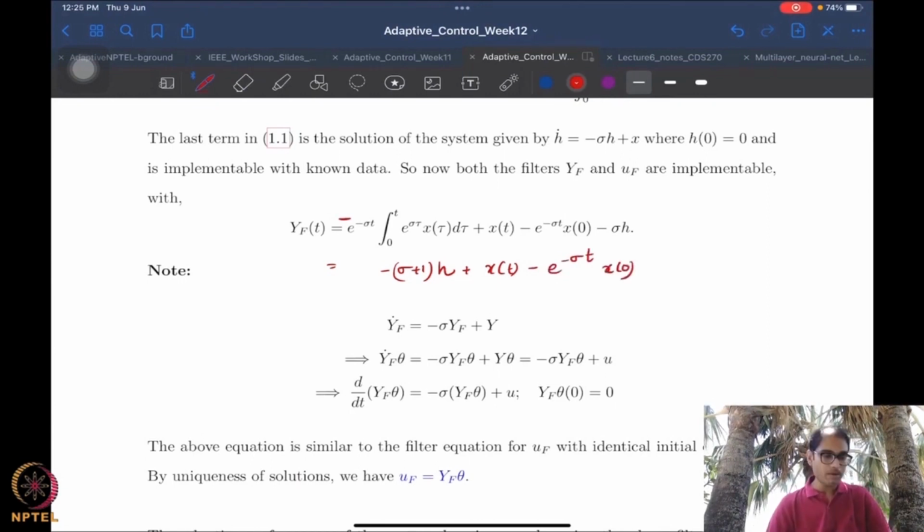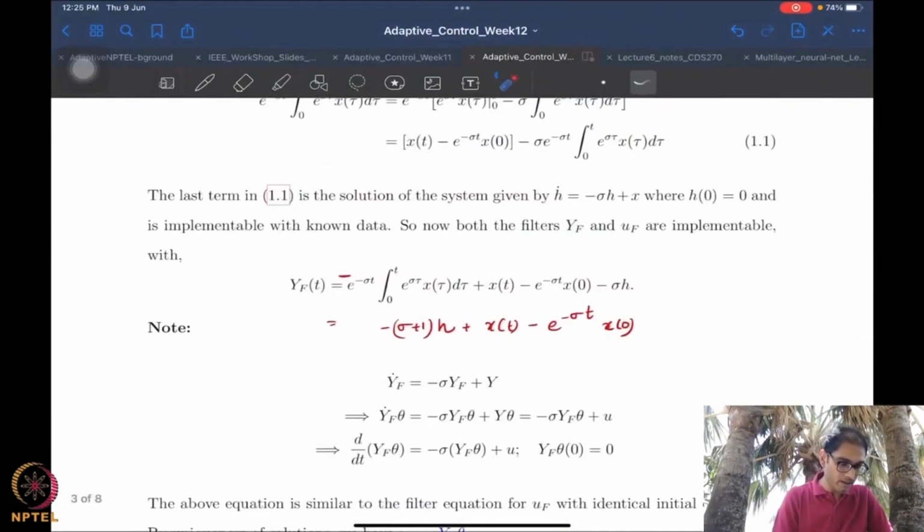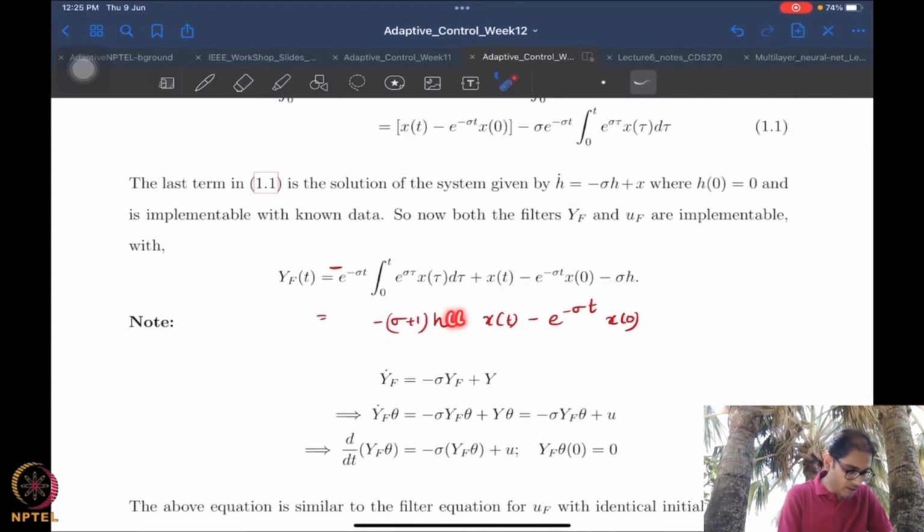So the important thing to remember is that h is implementable because x is known. Therefore, yf is also implementable. All right, pretty straightforward. Because x is known and h is known. So in fact, I can be more precise here and say that this is actually h evaluated at t.